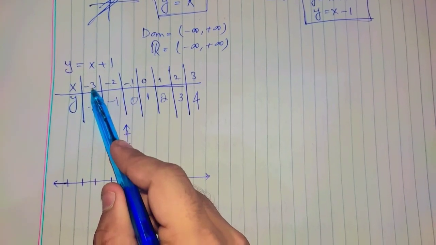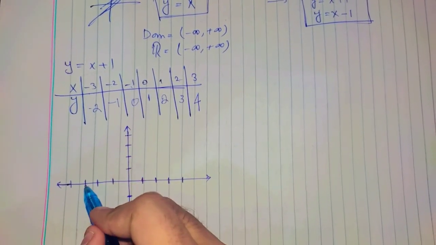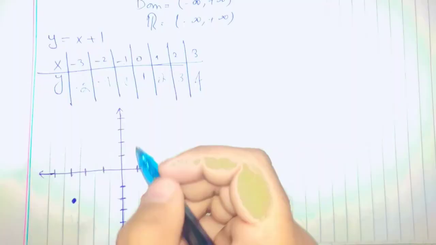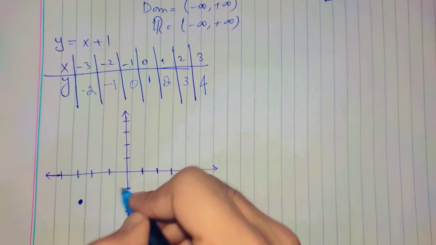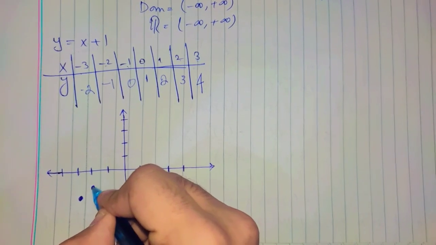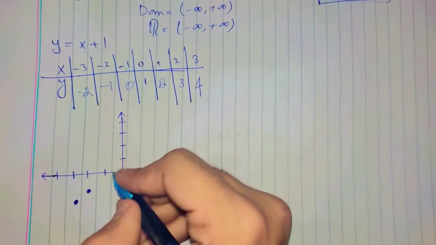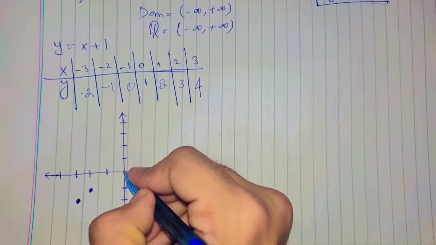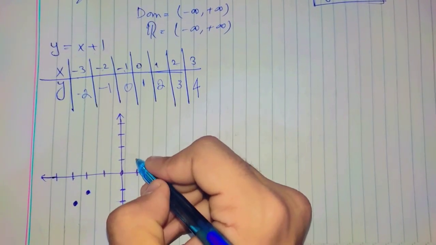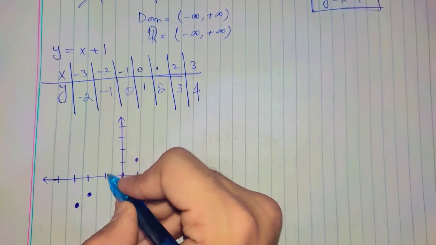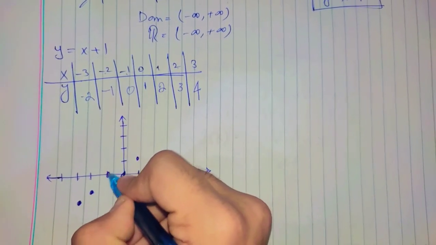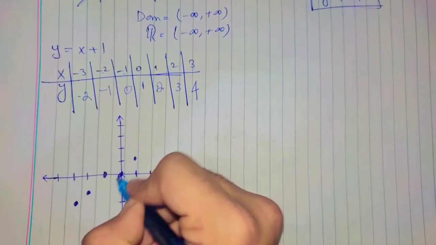So at -3, we have -2. Okay, at -2 we have -1. This is the -2 point and this is the -1 point. At -1 we have 0, and at 0 we have 1. Sorry, this is the point, this is not the point.